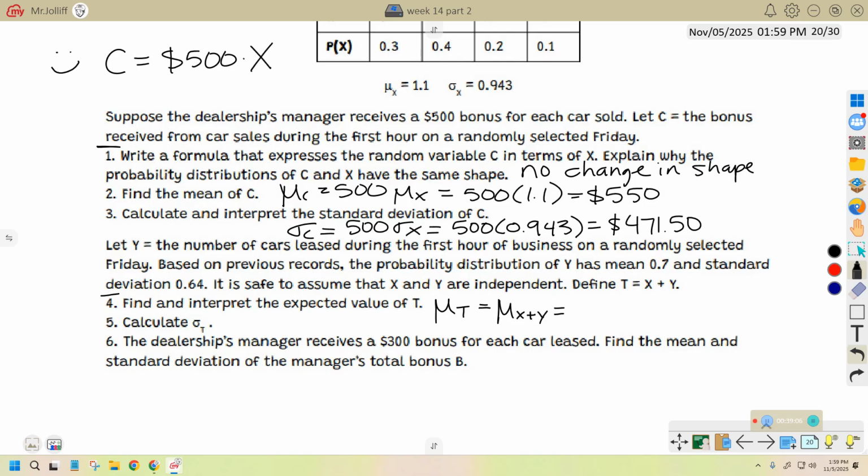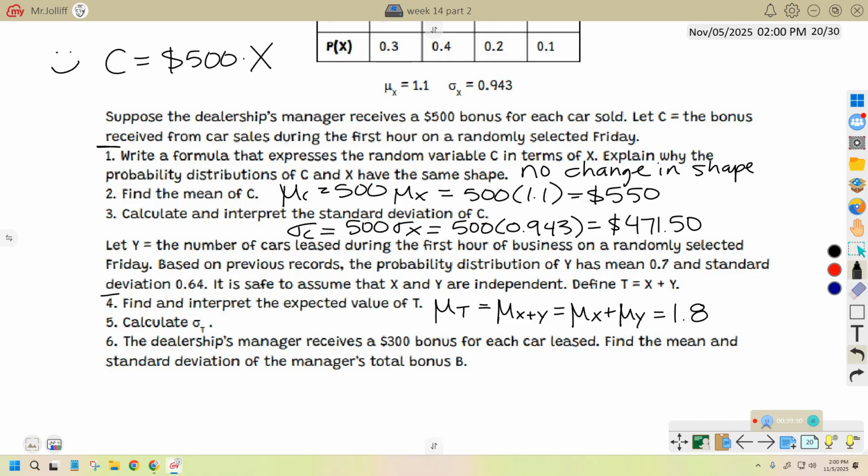What should I do with their means? Add them. Yes, very good. Mu x plus mu y. We know that mu x was 1.1. I see nodding. And we know that mu y is 0.7. So this would be 1.8.